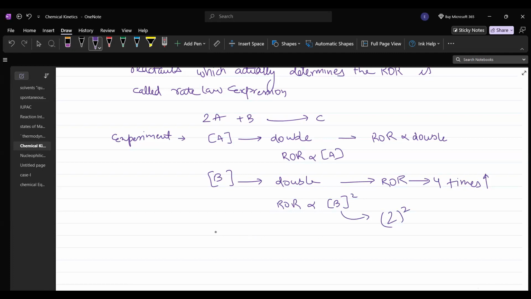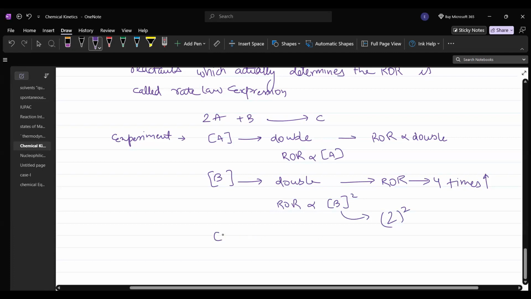Just for the example's sake, if we double the concentration of A, and we see that rate of reaction becomes half, means it decreases.